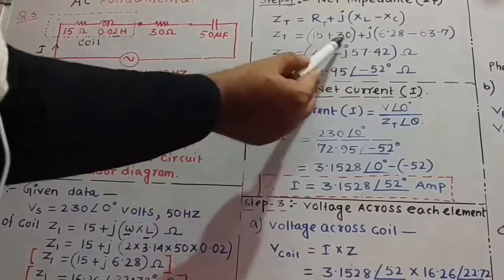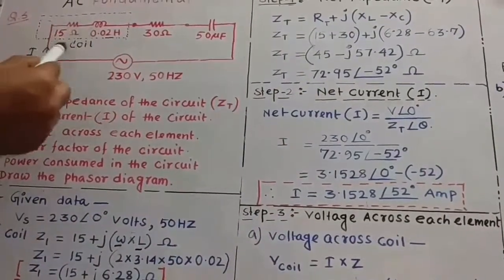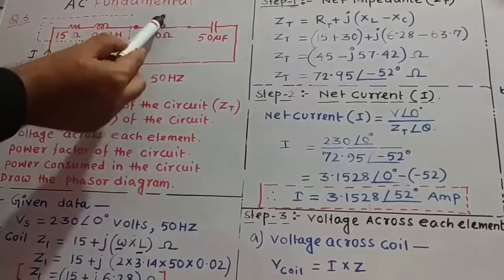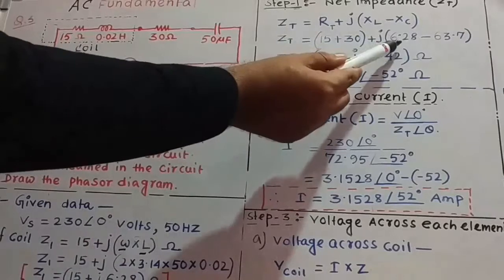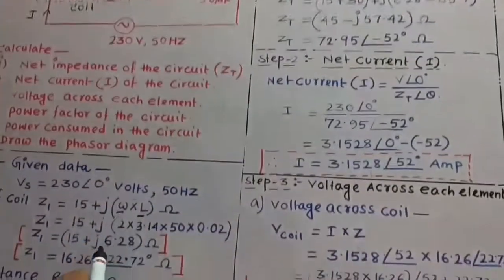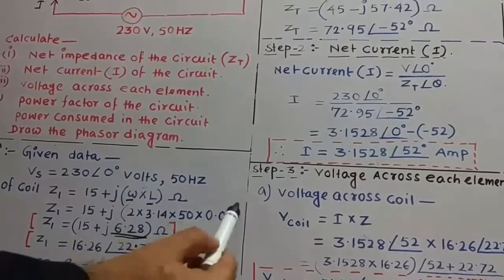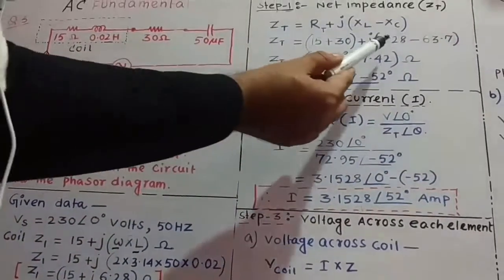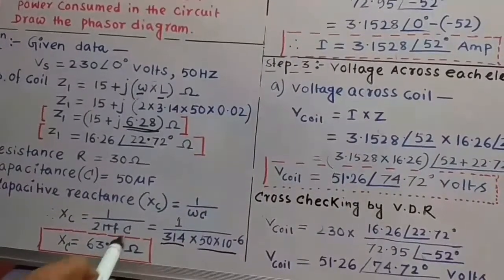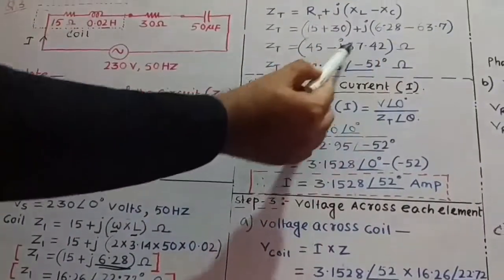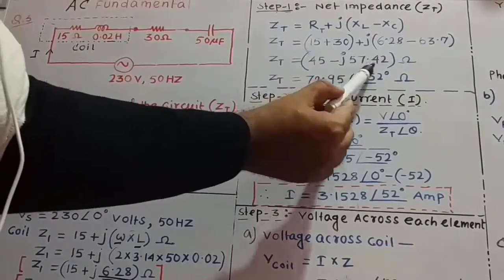So if I replace the total resistance, here it is 15 and here it is 30, so total is 45, and this XL we calculated here, XL is 6.28. So if I replace here 6.28 minus Xc is 63.7, it will be negative j times 57.42.